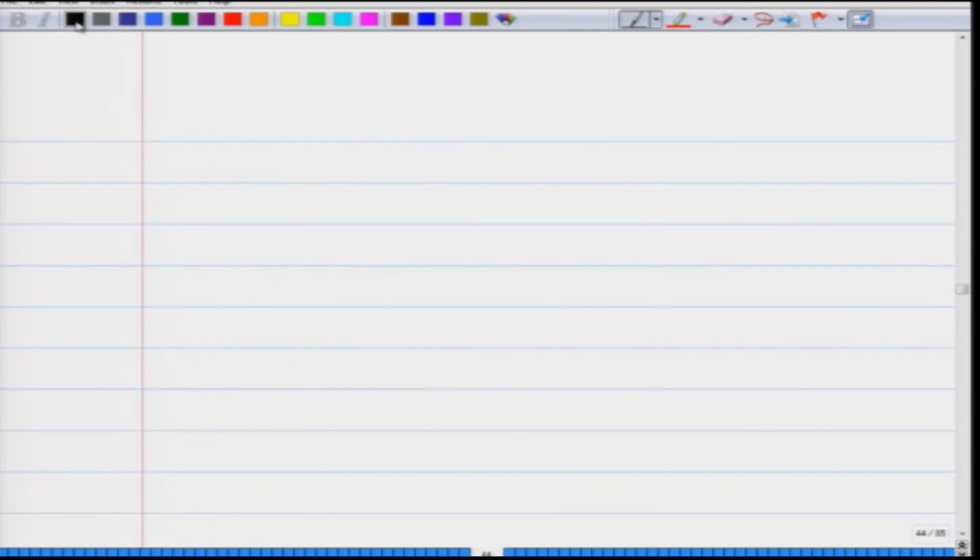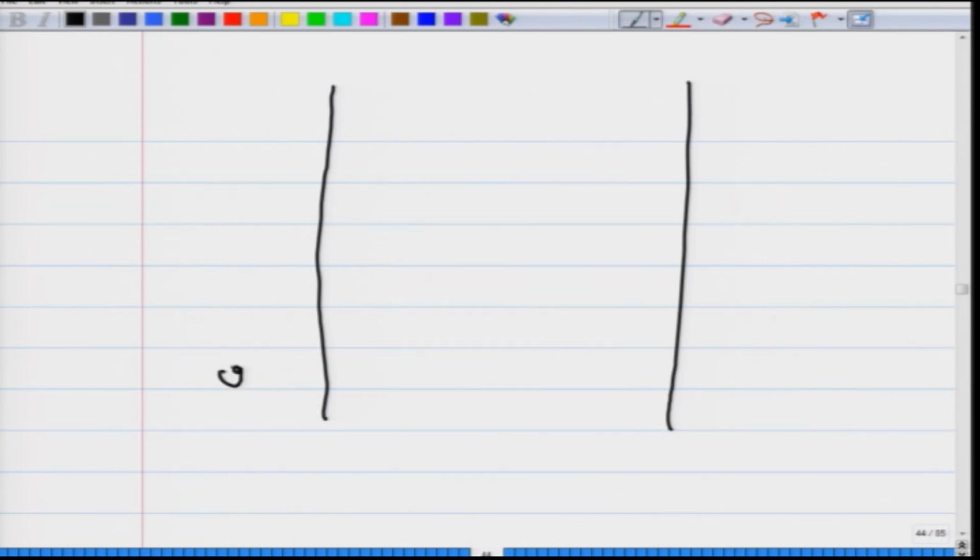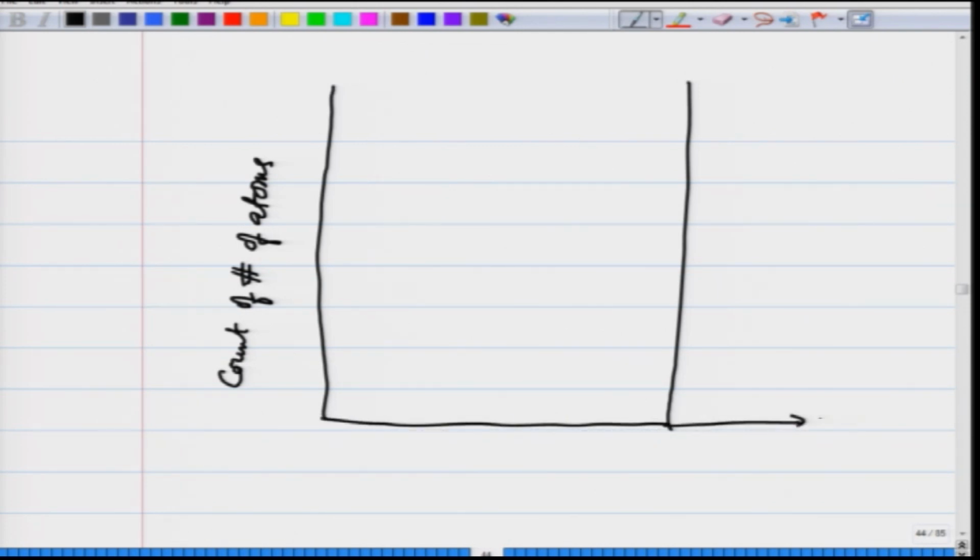So, for example, when they measured k, and I am taking it from the paper, suppose I were to plot the count of the number of atoms that were in a particular state, against the k value.